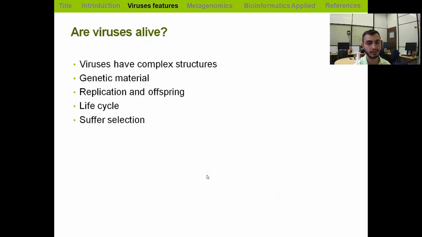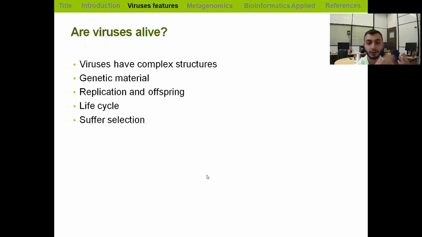And now I just finished this part, and this question: are viruses alive? We can explore it a little, and we've seen a lot of things in this seminar. We've seen that viruses have complex structures, that they have genetic material, that they replicate, and they have offspring, and they have this life cycle that can be lytic or lysogenic.